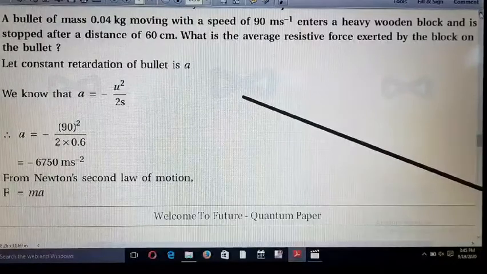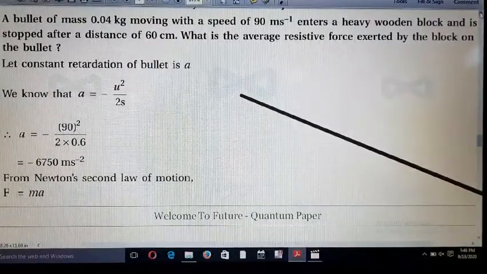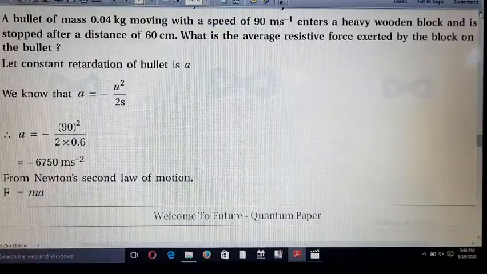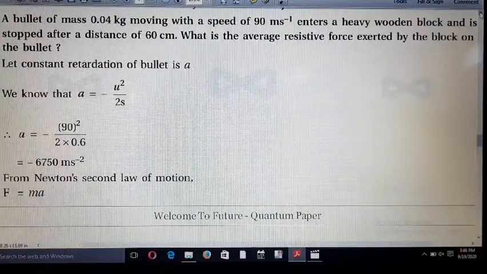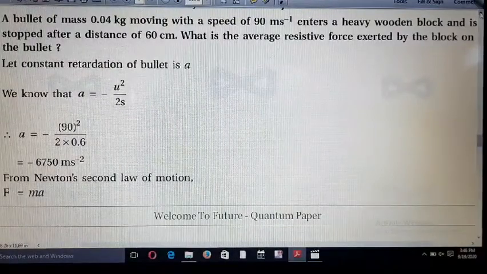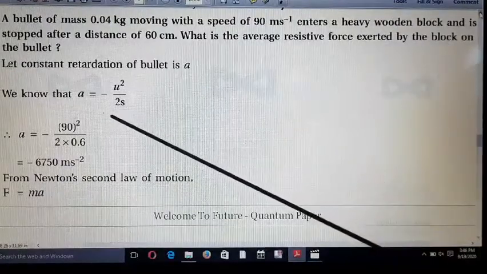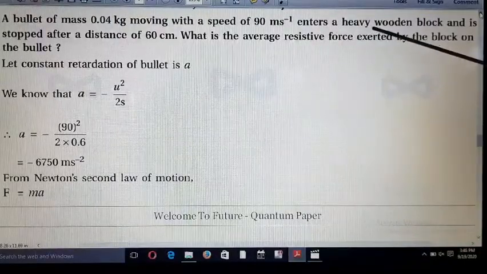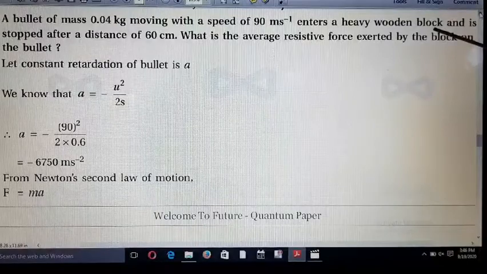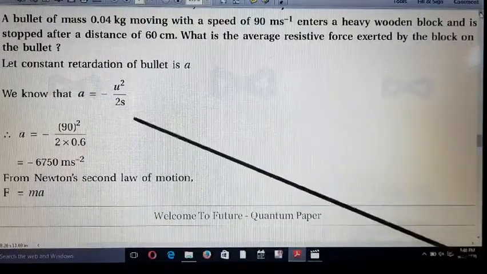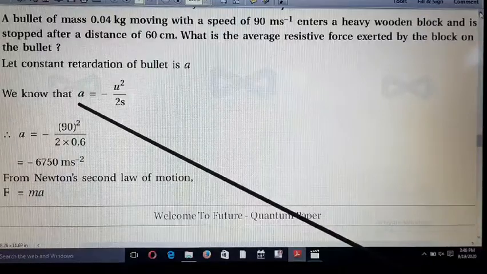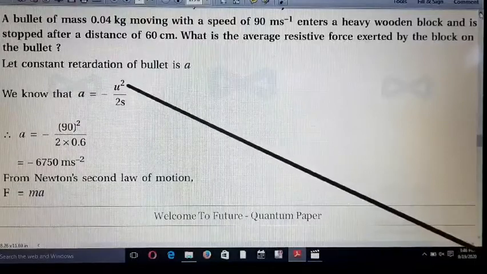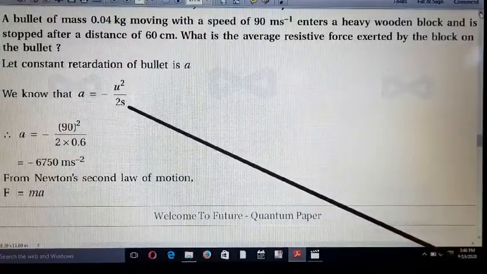Friends, first of all we assume the retardation of the bullet is small a, and now we have the equation of motion v square minus u square is equal to 2as. But here the final velocity is 0 because the bullet enters a heavy wooden block. So with the help of this formula, a is equal to minus u square upon 2s, where u is the initial velocity and s is the distance.